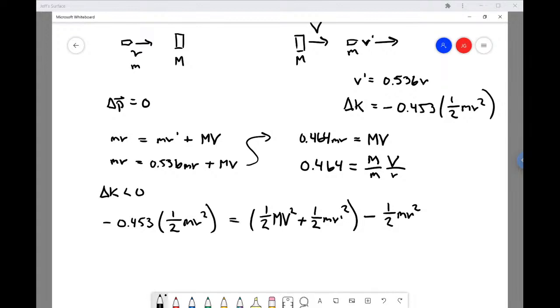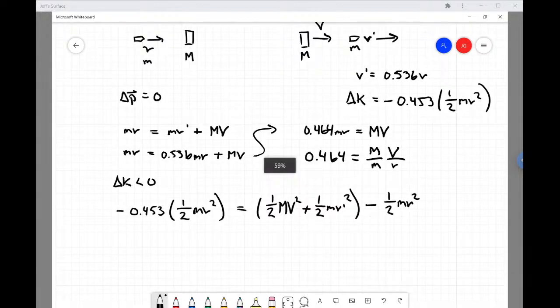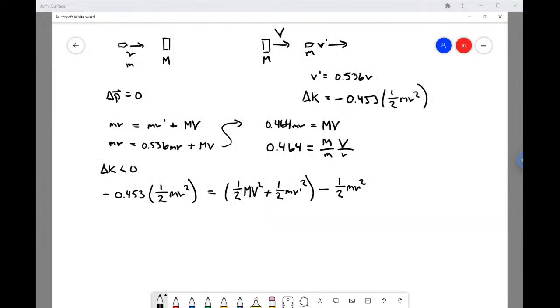We've got a 1/2 mv squared on both sides, so we can add that to both sides. So if I add the 1/2 mv squared, little v squared, to both sides, that's going to give me 0.547 1/2 m v squared equals 1/2 big M big V squared plus 1/2 little m.